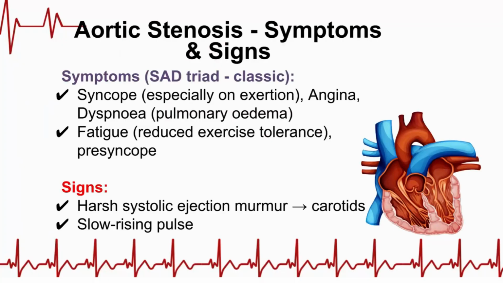Angina, because we have reduced coronary perfusion, therefore we have the release of kind of products that will then go on to act on the nociceptors, causing chest pain. And dyspnea, due to pulmonary edema, due to increase in the pressure of the pulmonary circuit, causing fluid to seep out into the lungs. But an early sign of this is fatigue.